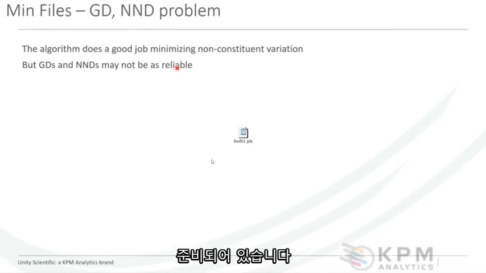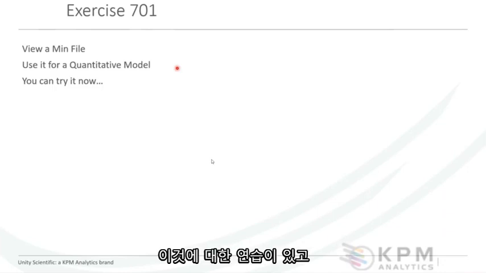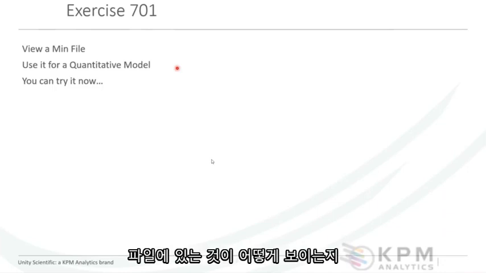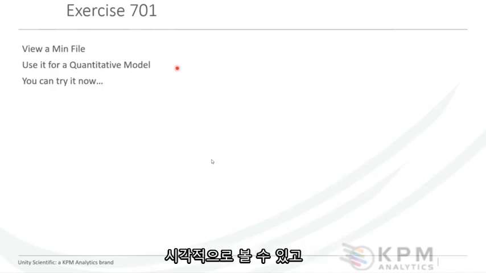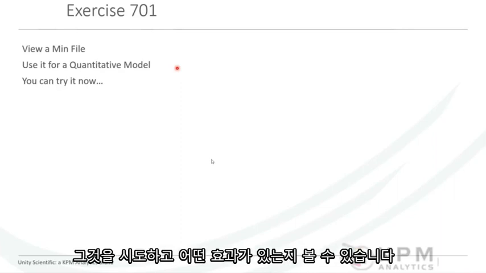So I would recommend, if you've got a variation like temperature that can happen during your routine analytical situation, that you take a look at a minimization file as a way to bring that variation into your system. There is an exercise on this, and you can see visually what a min file looks like, and you can try it and see what the effects are.